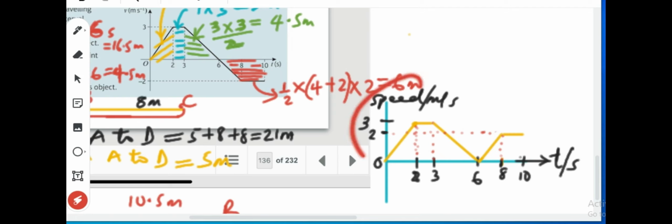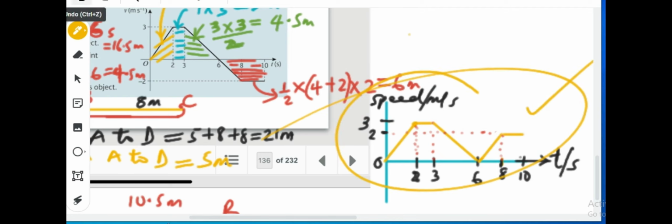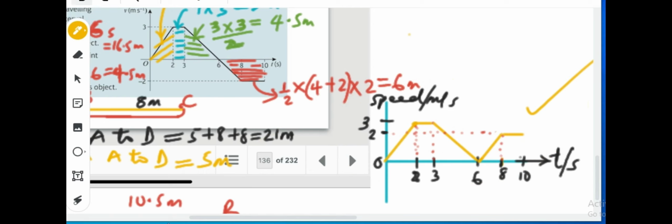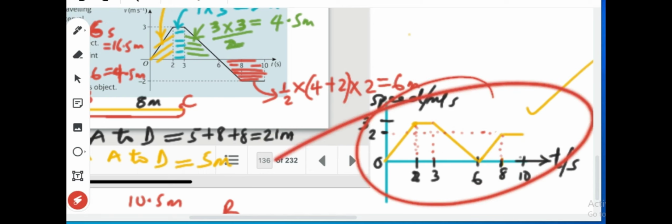That's it for velocity against time. For speed against time, constant acceleration, constant speed, constant deceleration, also constant acceleration, even though this one is in the backward direction, but we're not interested because it's speed against time, and then constant speed. This is how it will look for the speed against time graph.